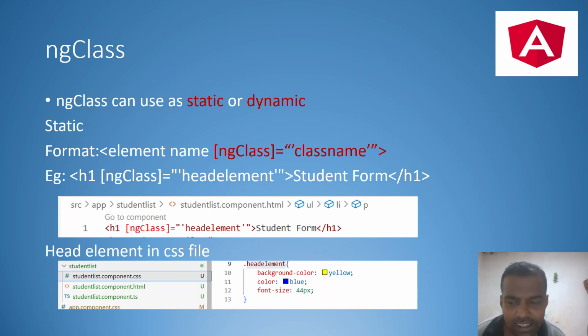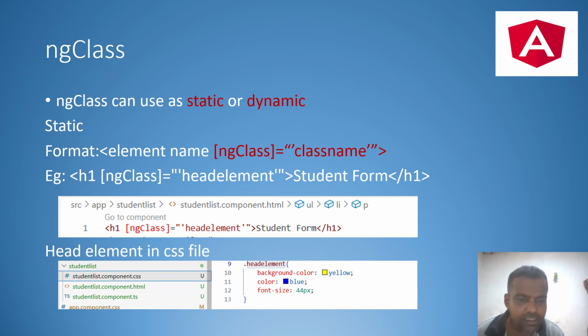ngClass can be either static or dynamic. Here's the format. You can see how ngClass is statically bound to a class name. Here we want to define a CSS class in the CSS file.